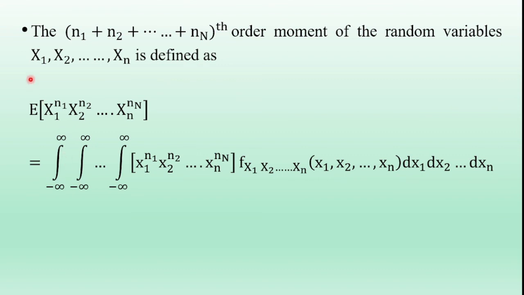Those n random variables are x1, x2, x3 and so on xn, and its order is n1 plus n2 plus n3 and so on nn. The definition of the moment for the continuous case is given by expectation of x1 power n1, x2 power n2, x3 power n3 and so on xn power nn, which is equal to integral minus infinity to infinity and so on integral minus infinity to infinity x1 power n1, x2 power n2 and so on xn power nn into the joint probability density function of multiple random variables, that is f x1, x2 and so on xn of x1 comma x2 comma and so on xn into dx1, dx2 and so on dxn.